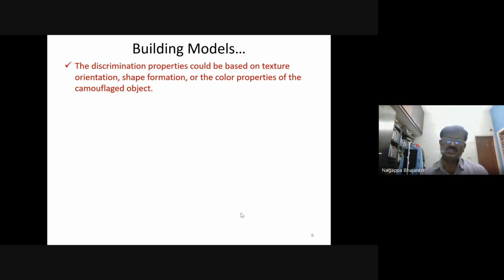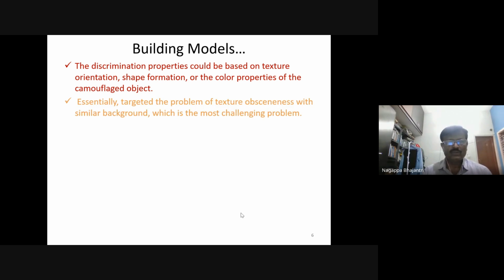First, we have considered some synthetic images for experimental purposes. Some of the geometric shapes may be quite convenient to improve the accuracy. Color properties are also going to play a role here most of the time. So importantly, the problem of texture obscureness with a similar background is obviously the most challenging one.